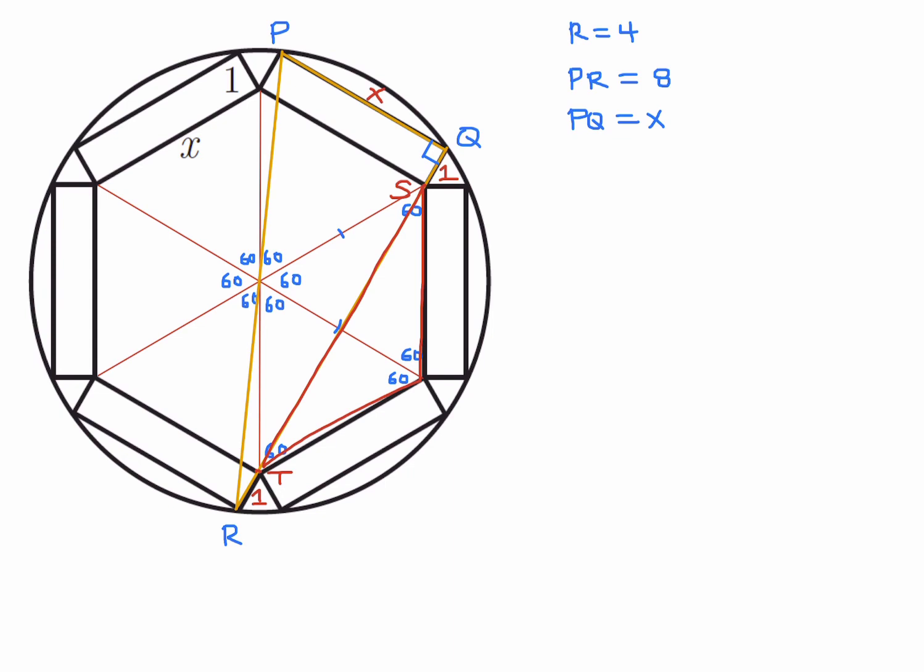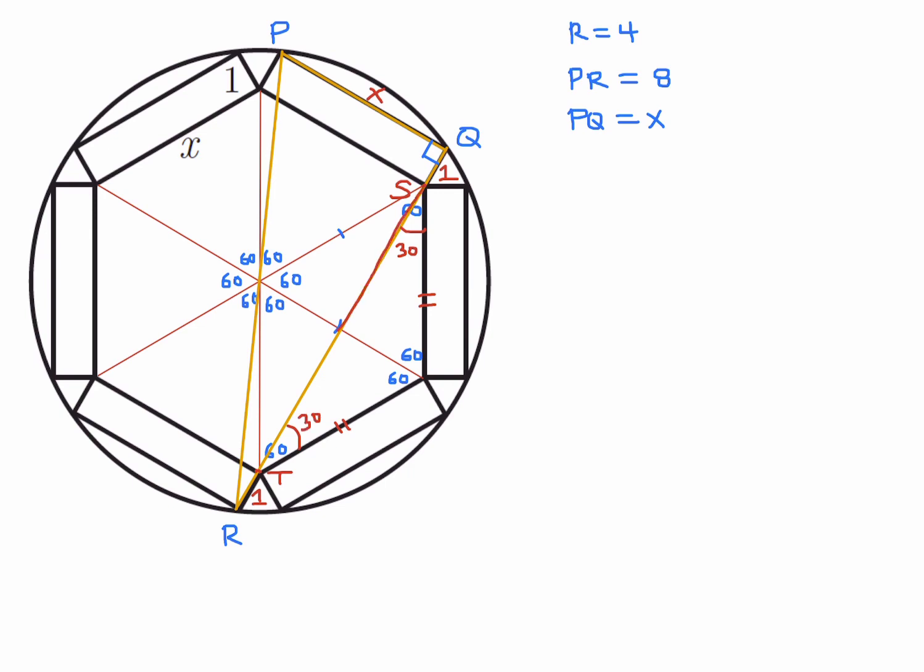That triangle you can clearly see, because this is x and this is x, is isosceles. And therefore, this angle and this angle are the same. Now, this whole thing is 120, so therefore this angle is 30 and this angle is 30, like that.